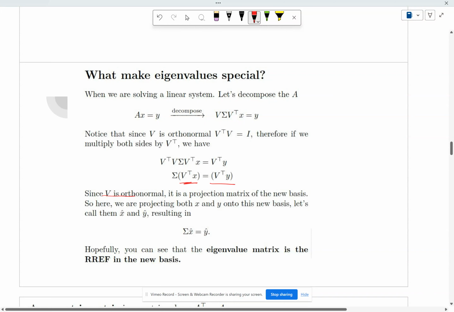Remember what I told you about orthonormal bases. Well, they act as a projection matrix, which projects onto the new bases. So what's happening here is you project y onto the basis of V, and then you project x onto the basis, and I'm going to call this x hat, and this y hat, then we get this expression. Now remember, sigma is a diagonal matrix.